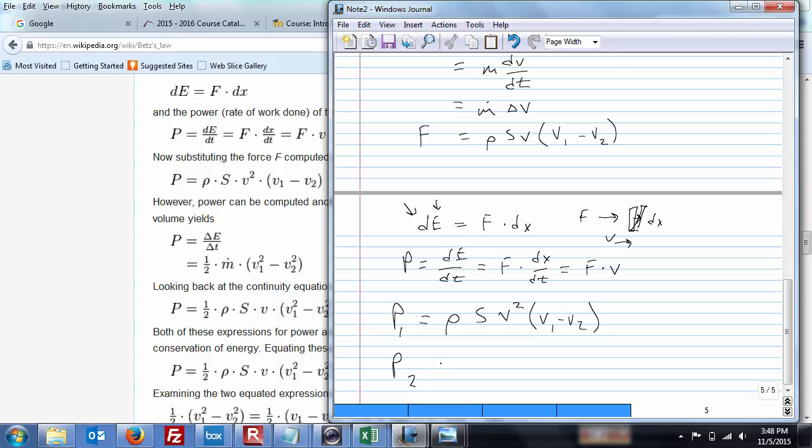Another way to look at power is the change in energy. So that's just going to be 1/2 times m dot, so this is just our kinetic energy equation, times (V1 squared minus V2 squared).